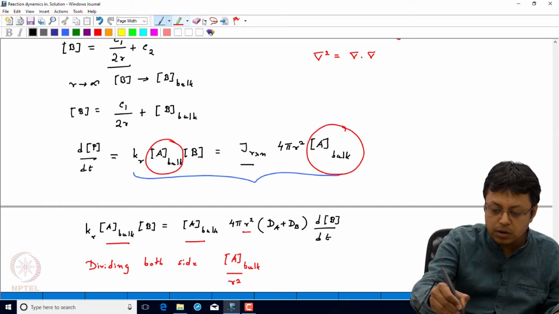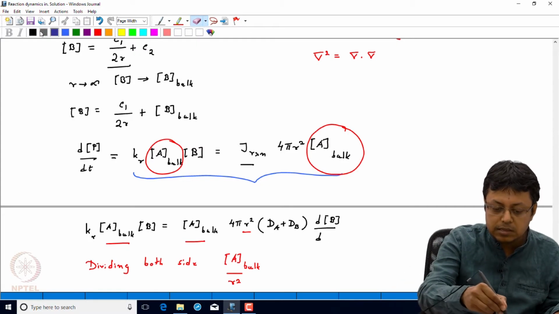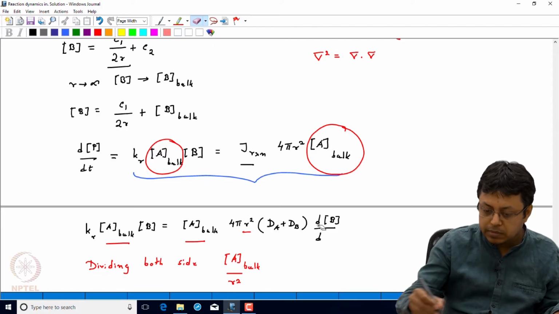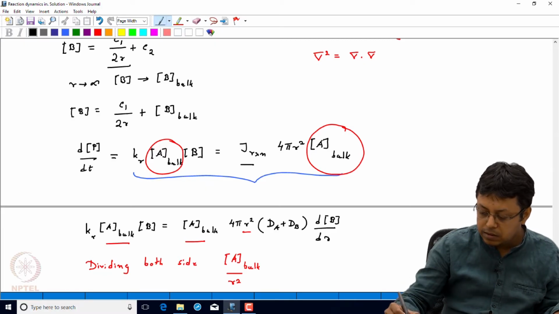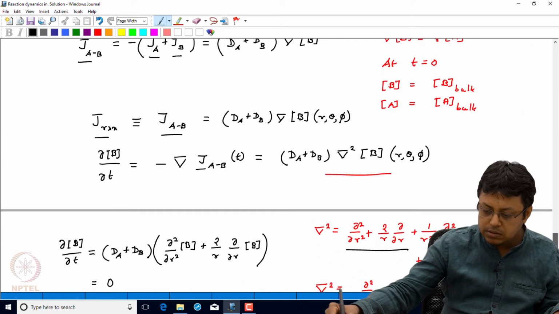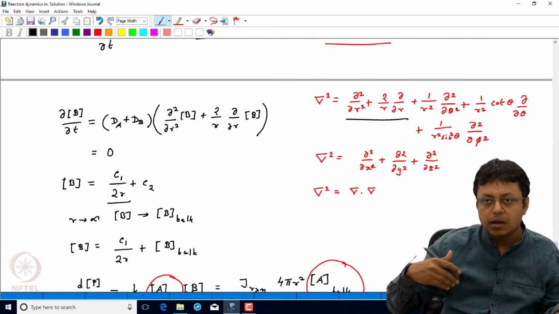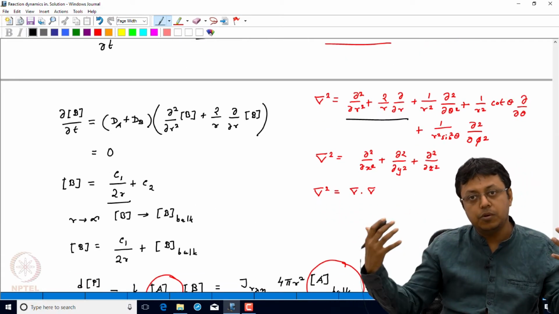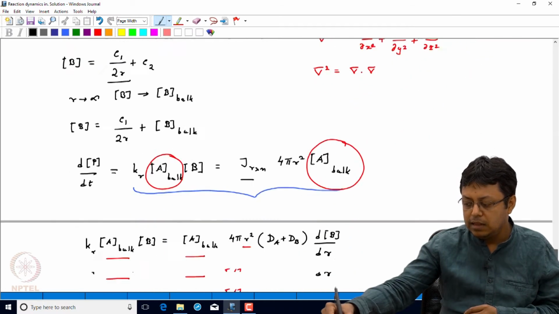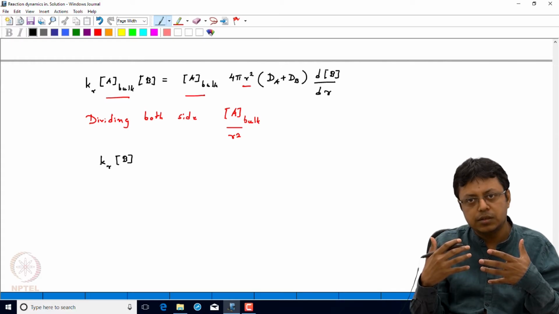So this should not be the time derivative, this should be the space derivative, because it's just the equation for the flux, as you can see here. So this flux is basically how things are approaching each other, and that is basically dependent on the concentration gradient.